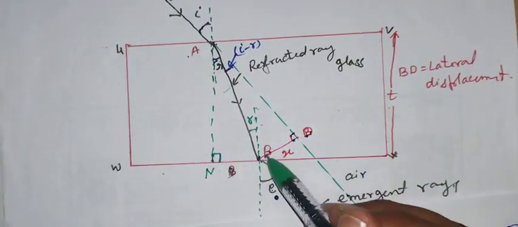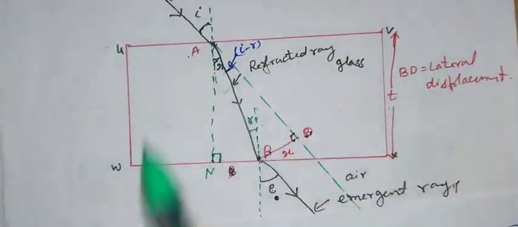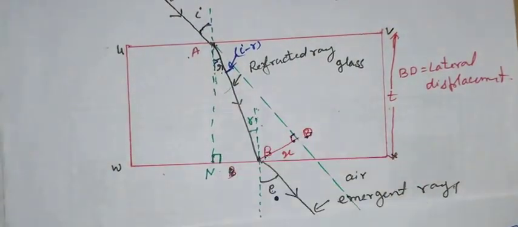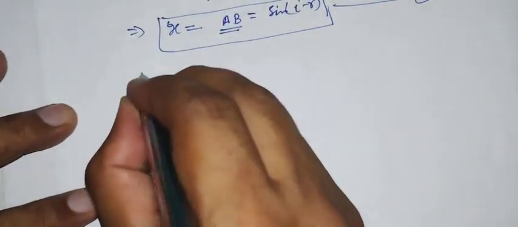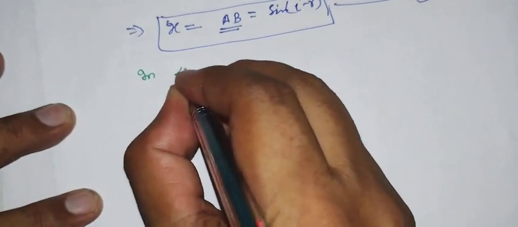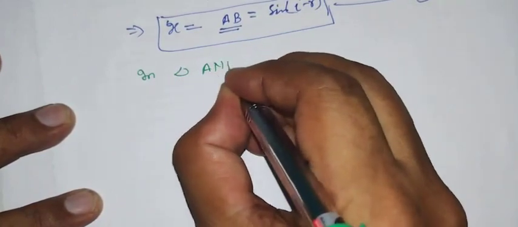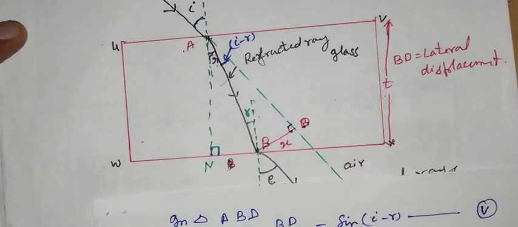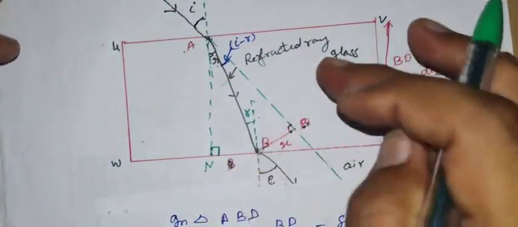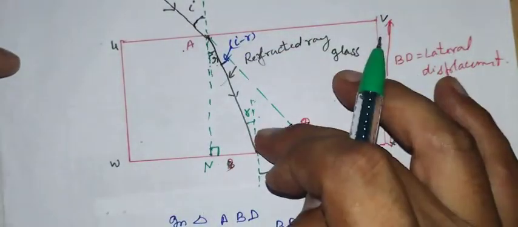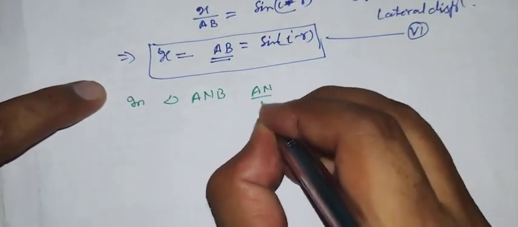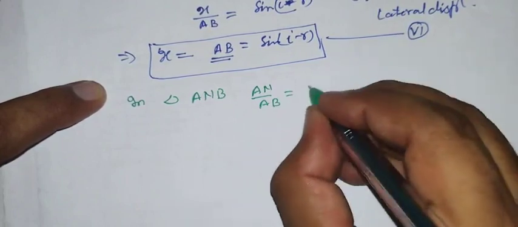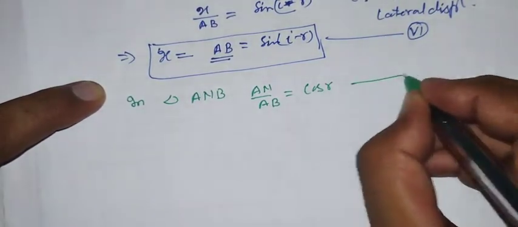So AN by AB is cosine R. In right angle triangle ANB, once more see in the diagram, AN by AB is equal to cosine R.